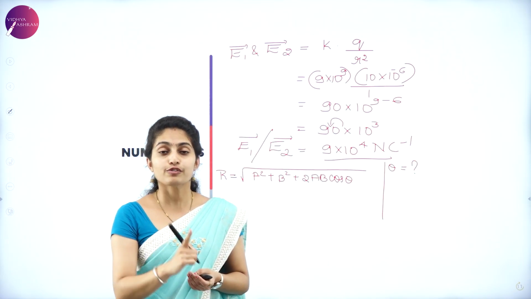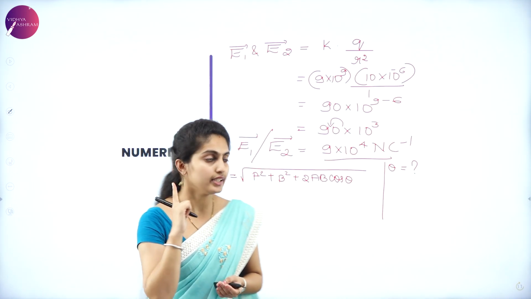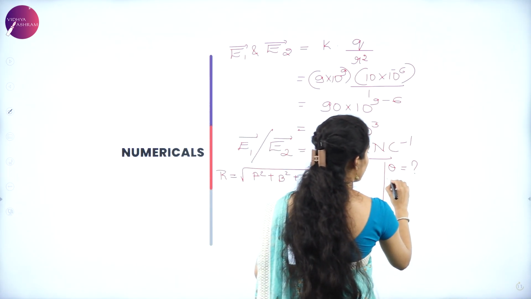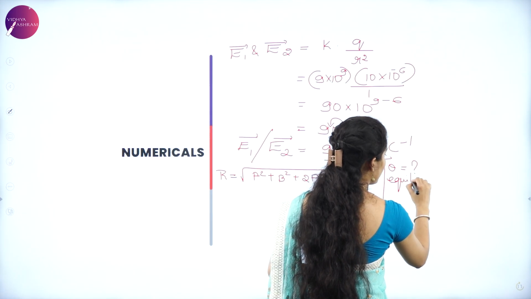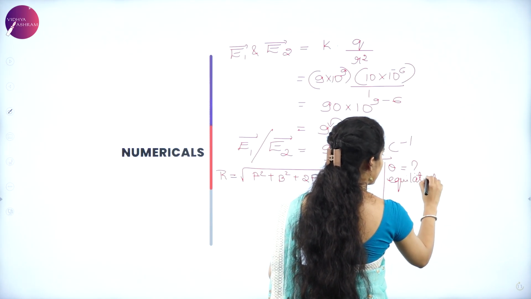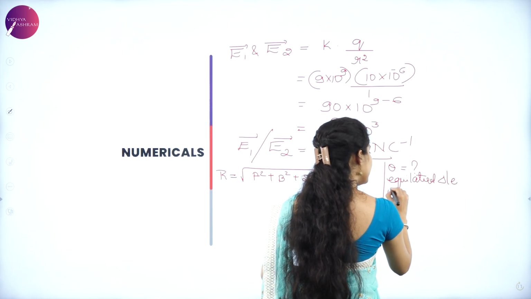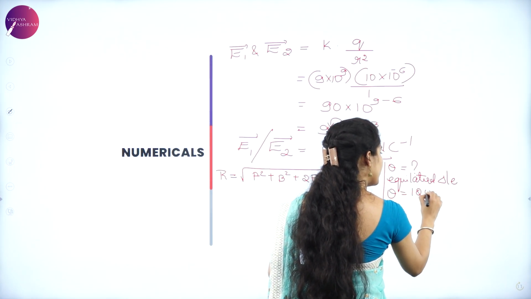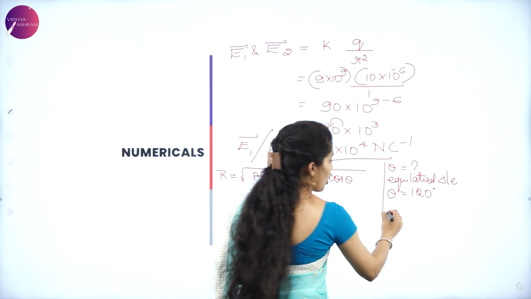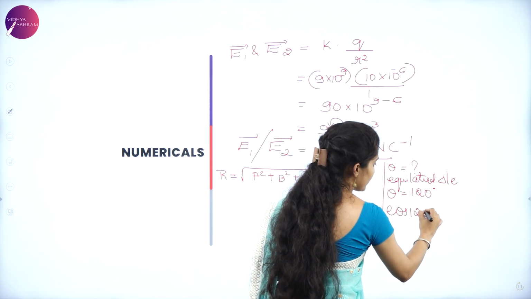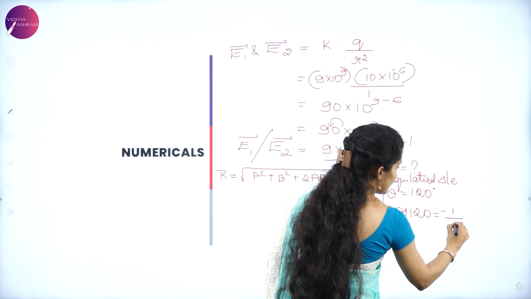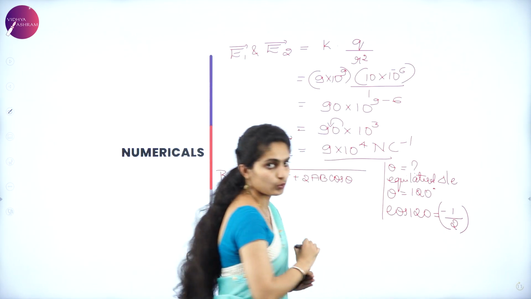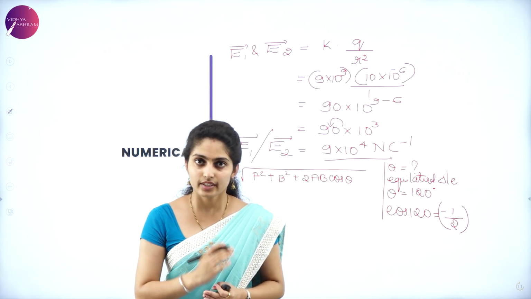Remember always, for an equilateral triangle, the angle theta is always 120 degree. So cos 120 degree is nothing but minus 1 by 2 according to your trigonometric conditions.